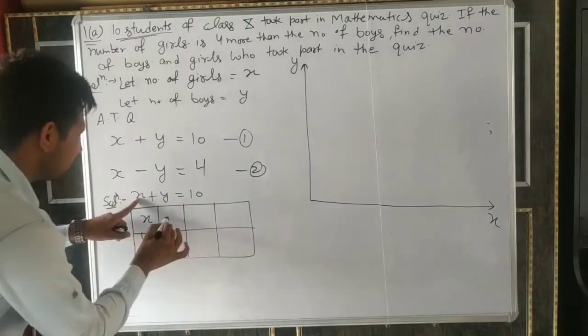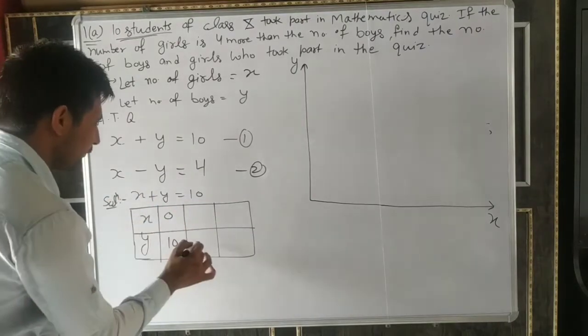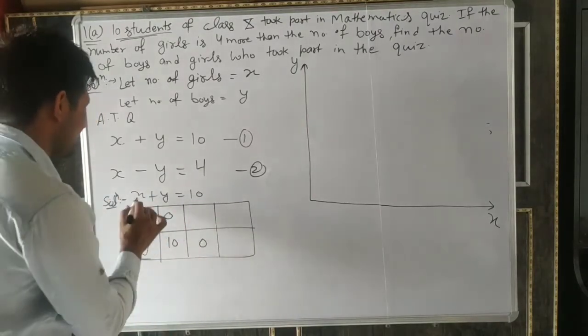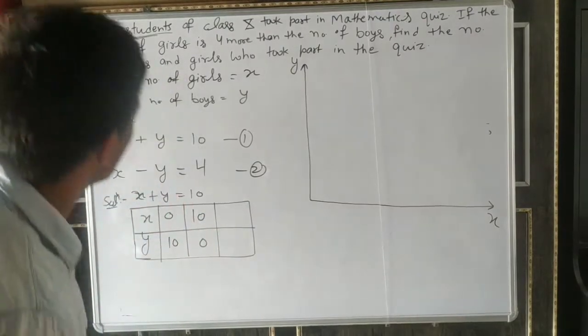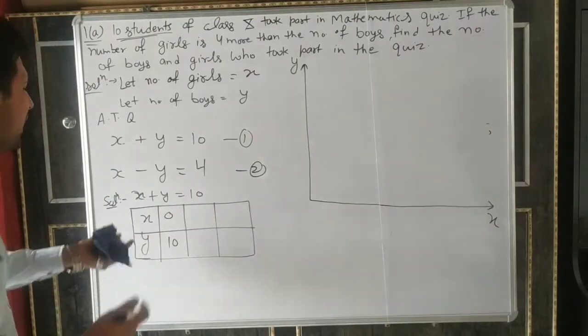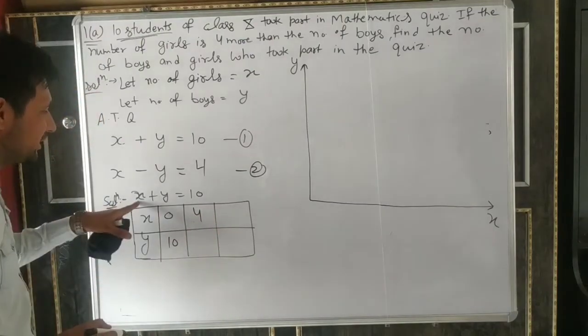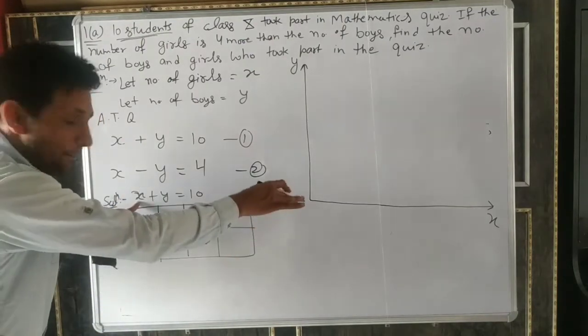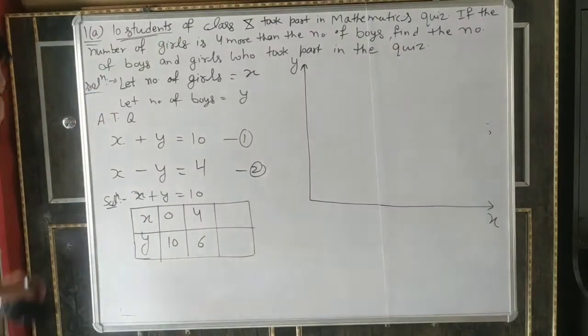If x is 0, then y is 10. If y is 0, then x is 10. Otherwise you can take another number if you don't want to put 0. Put x as 4: 10 minus 4, so y is 6.